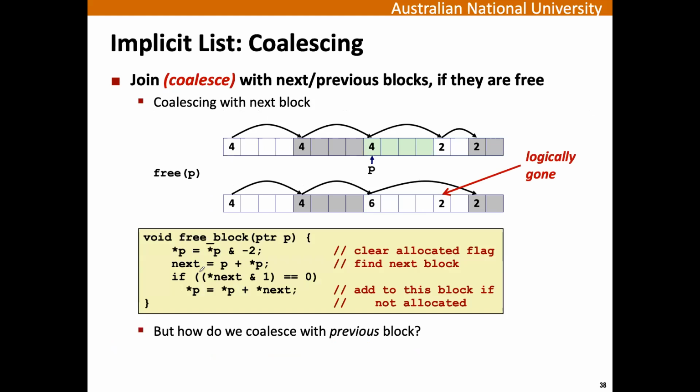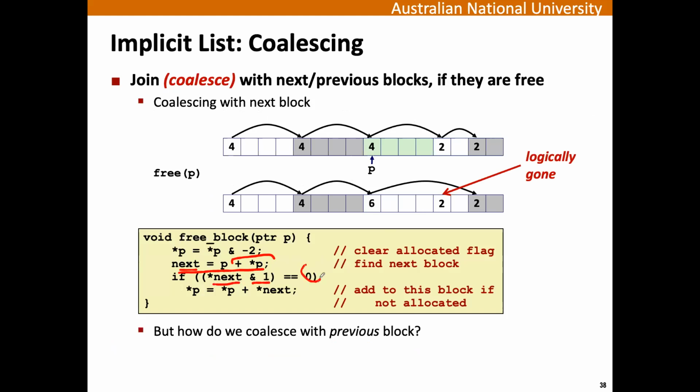Well, we know where the next block begins because we have the size of the current block. So we jump to the next block by adding the size of the current block, and this is our next. And when we dereference next, when we read the size of next, we read the allocated flag.